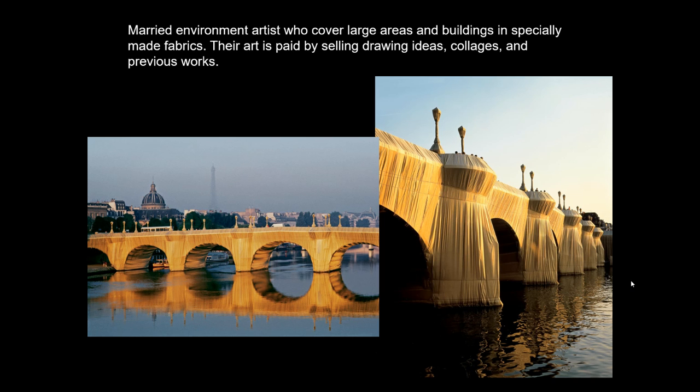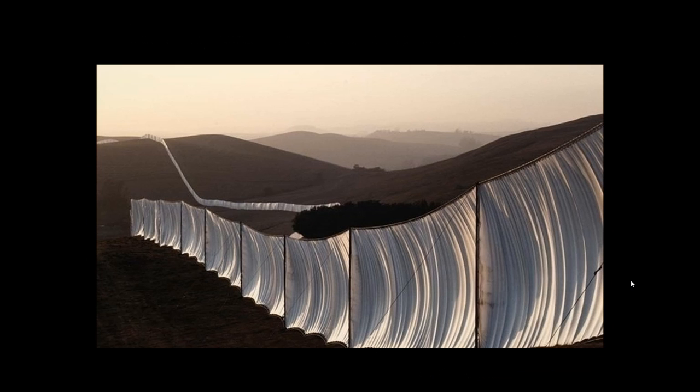For example, people walked over this bridge every day, millions of times by millions of people, and with it covered like this, it transforms into something new and interesting to look at. Same for this hillside.